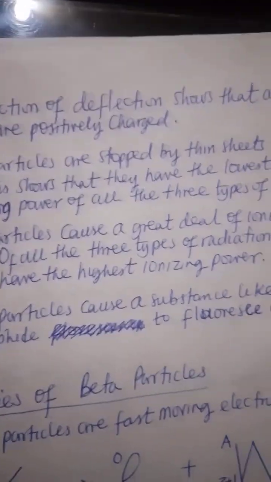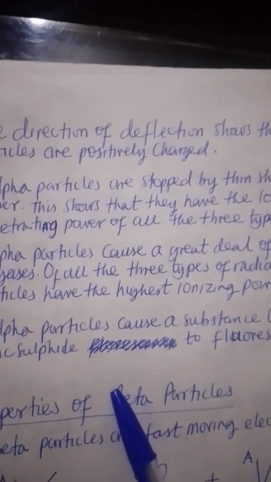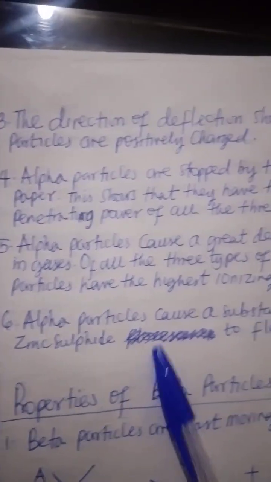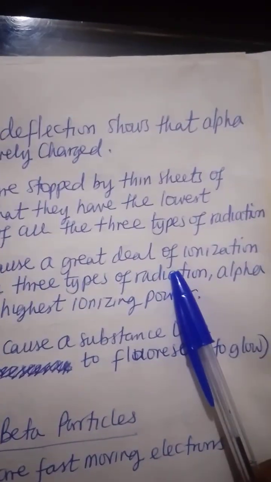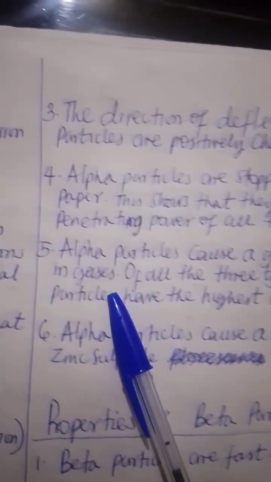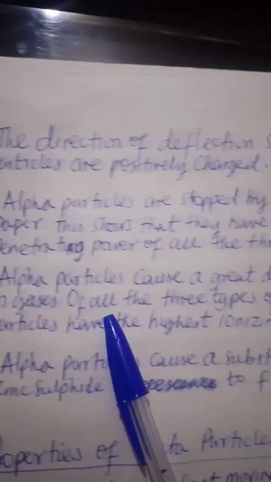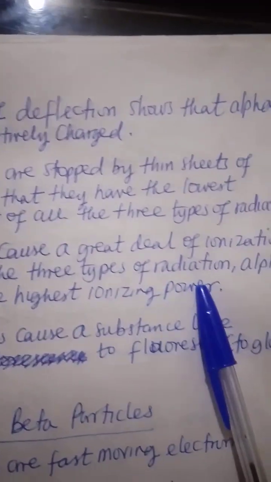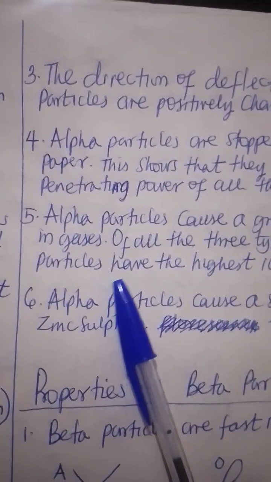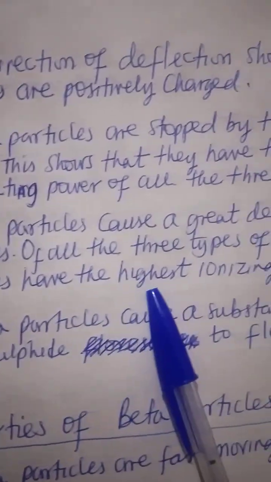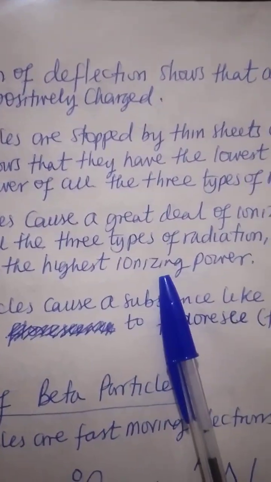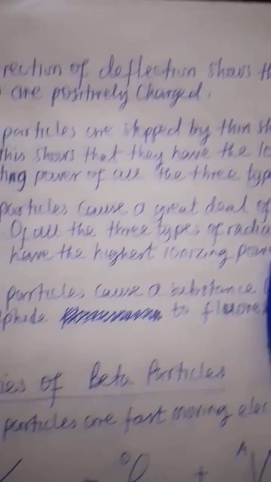Hence, that process is referred to as ionization. So alpha particles cause a great deal of ionization in gases or air. Of all the 3 types of radiation, alpha particles have the highest ionizing power.